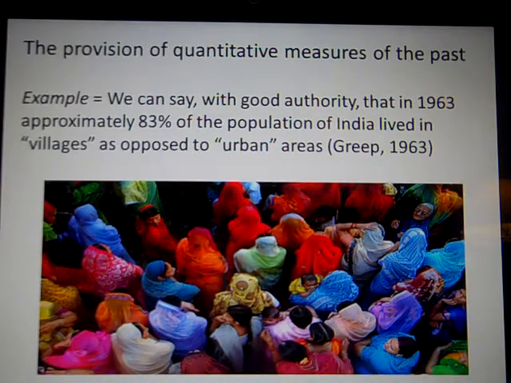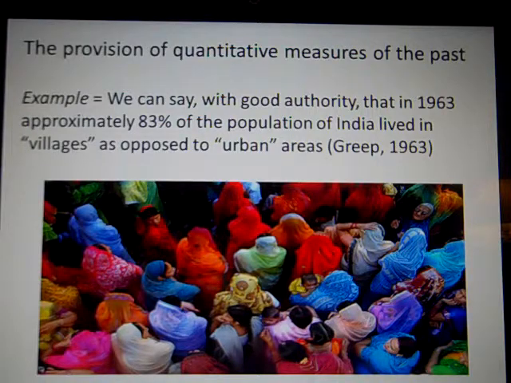Another example of a quantitative measure of the past. We can say that in 1963, approximately 83% of the population of India lived in villages or rural areas, as opposed to cities or urban areas. And you might think, well, again, that's kind of random. And it is, but again, we can start to understand and make comparisons.